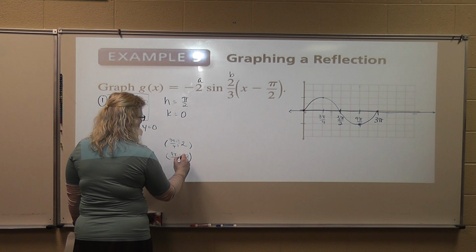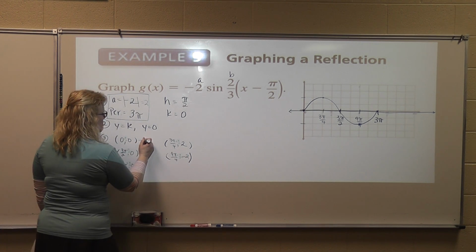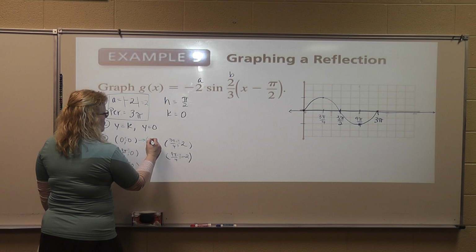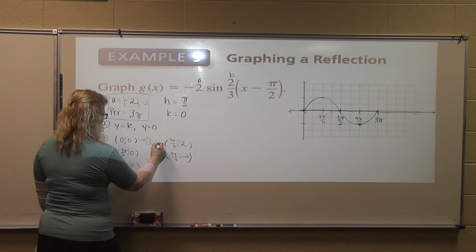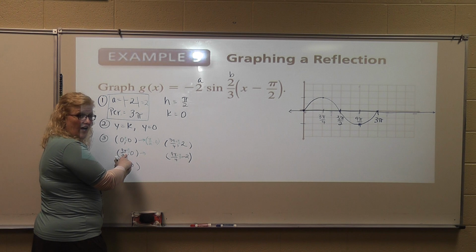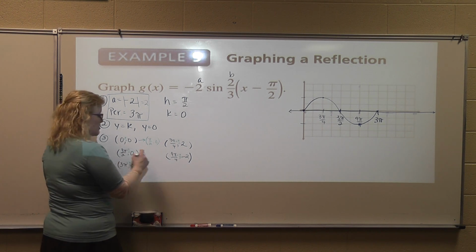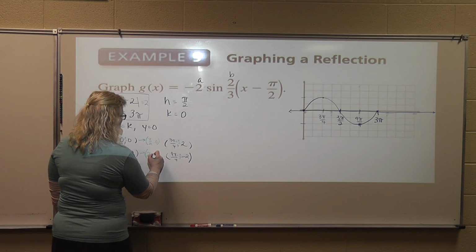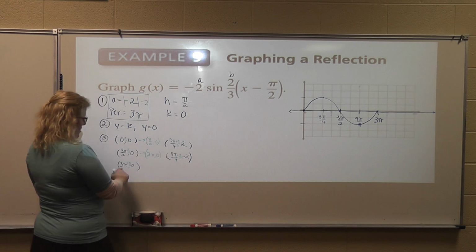Okay, so this is going to become pi over 2, 0. 3/2 pi plus 1/2 pi is 4/2 pi, which is 2 pi. So 2 pi, 0.